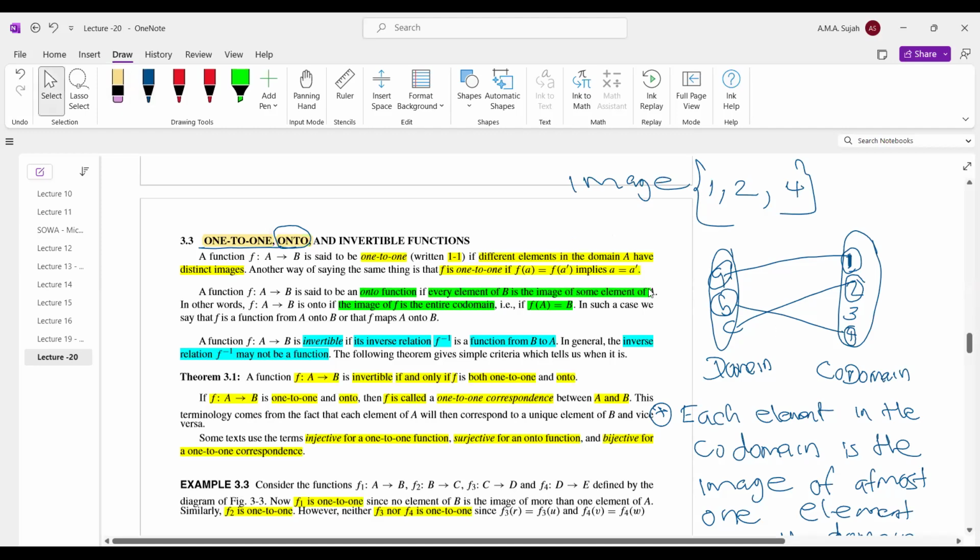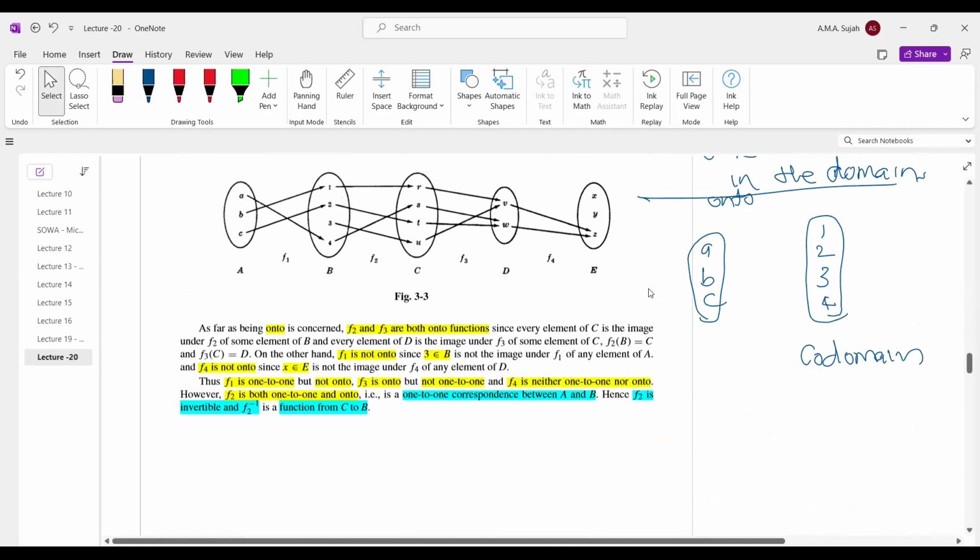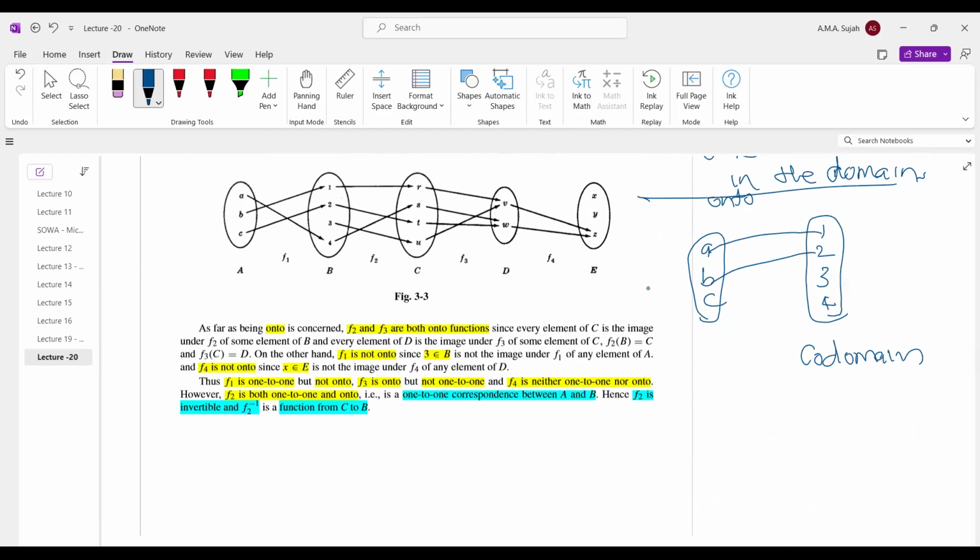So if it is an onto function, the important thing is that all the elements in the codomain... Can you tell me, is it an onto function? No, right? Why?